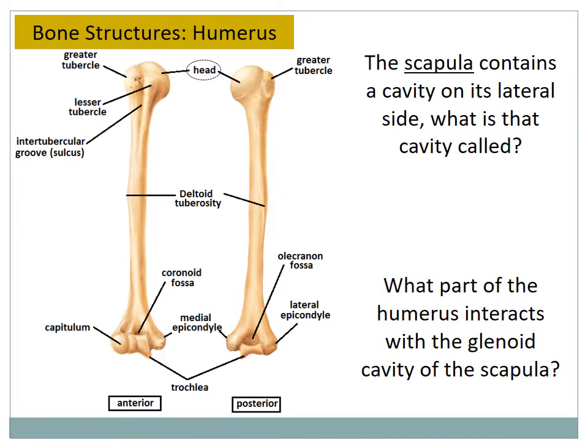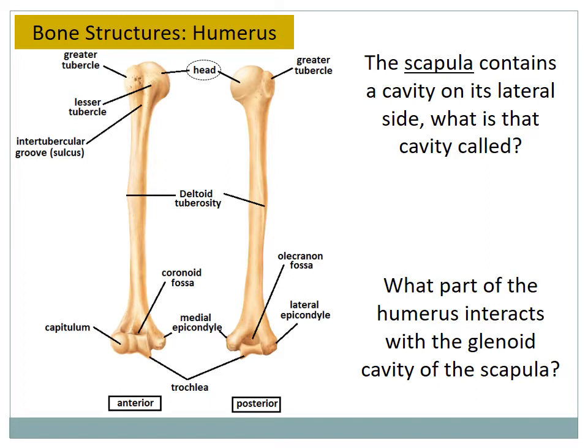So now we're looking at a certain structure that I've circled on these bones here. The first question about this is the scapula. The scapula contains a cavity on its lateral side. What was that cavity called? So that was called the glenoid cavity.